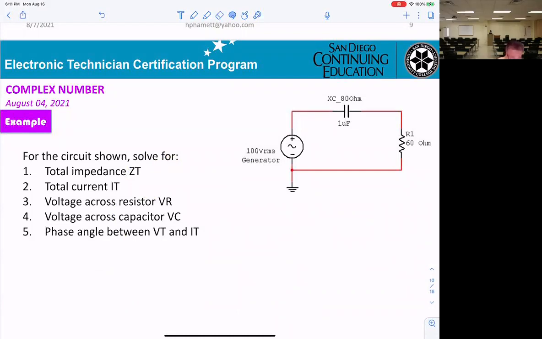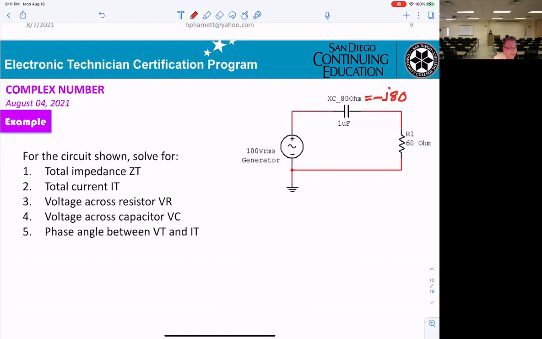So in order to use complex numbers, first thing, XC you must change to minus J.